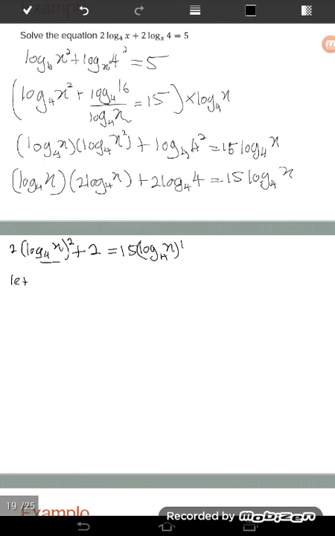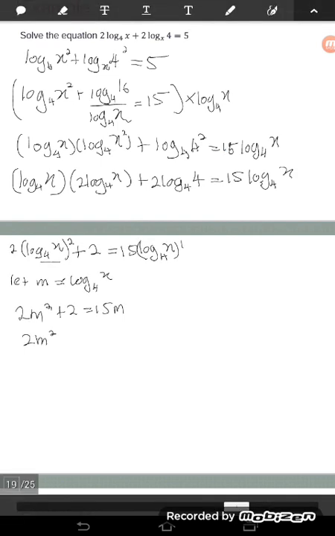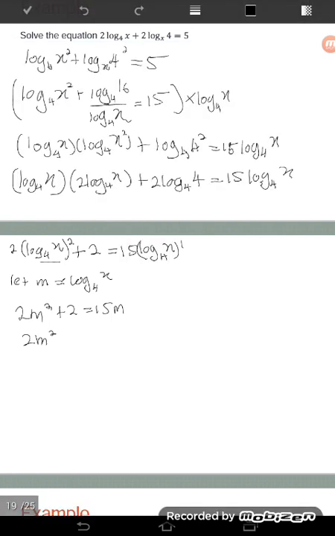So what I do, let m equal log x base 4. So this equation will transform into 2m power of 2 plus 2 equal to 15m. Oh, I copied it wrongly. This one is actually not 15, actually it is 5. I copied it wrongly, so let me correct it. Okay, so it is 5.